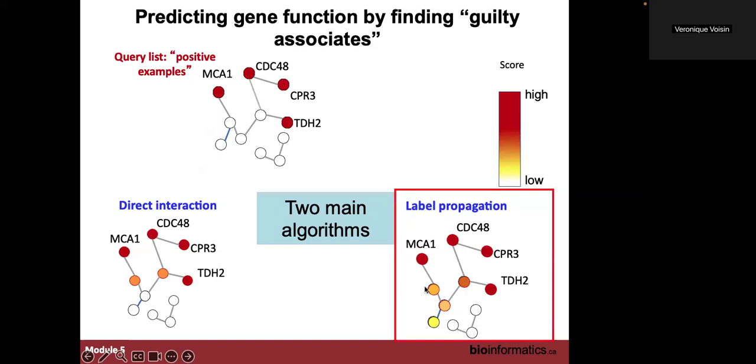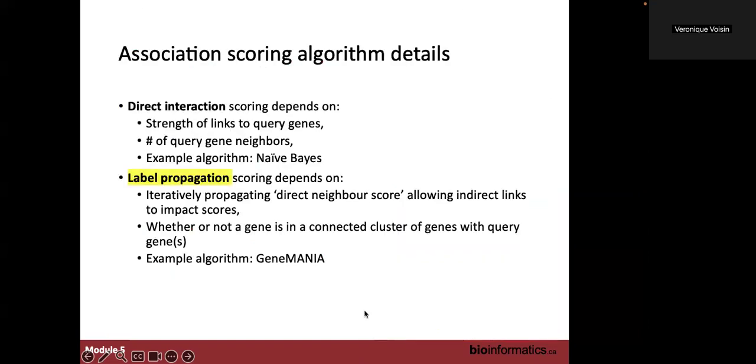So it's very different from the direct interaction, where the scores are just propagated to the direct neighbors. So label propagation will propagate direct neighbor score, allowing indirect links to impact the score.